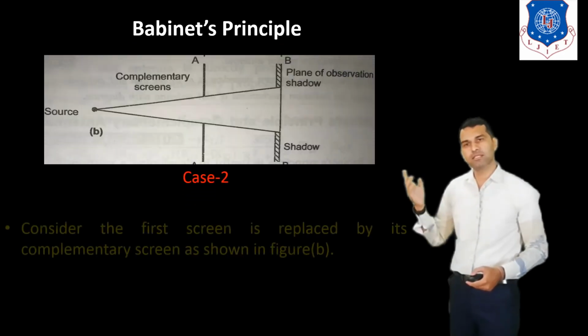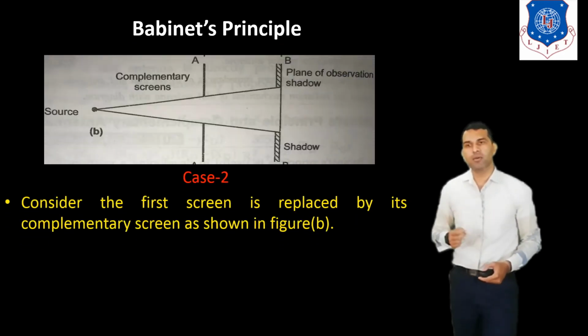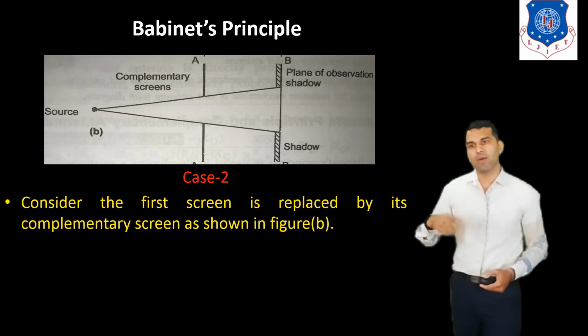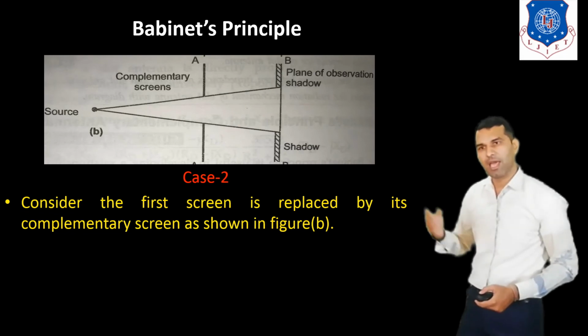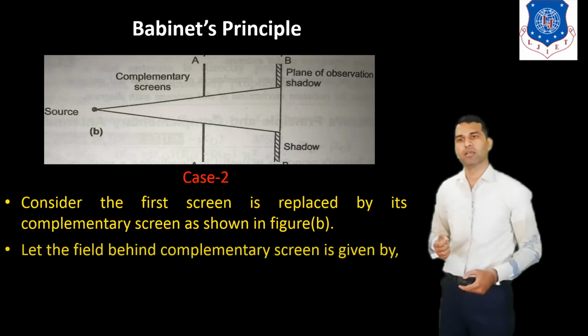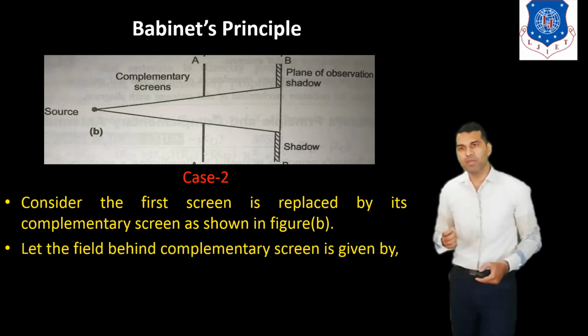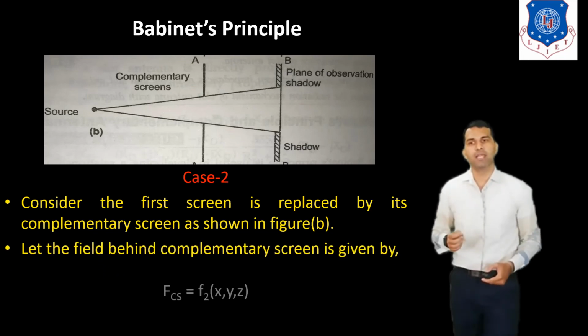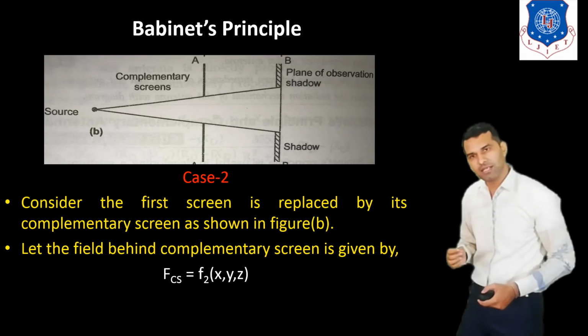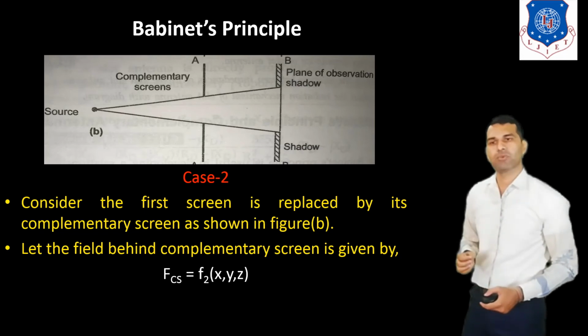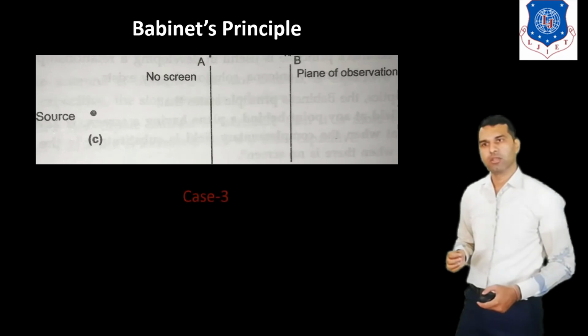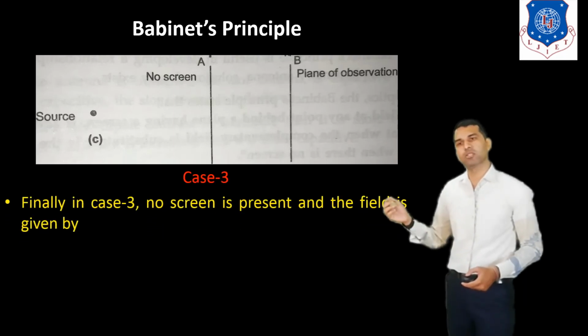Now we consider the second case. Consider that the first screen is replaced by its complementary screen as shown in figure B. Let the field behind the complementary screen be given by FCS is equal to f2(x, y, z). And now we consider case number 3.